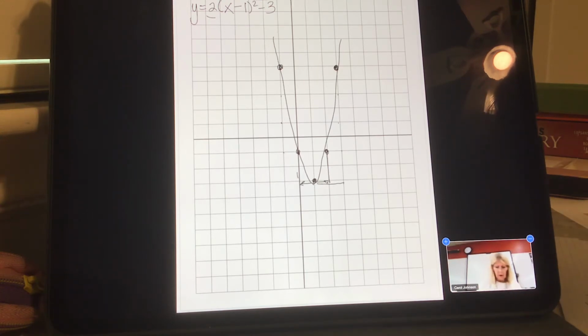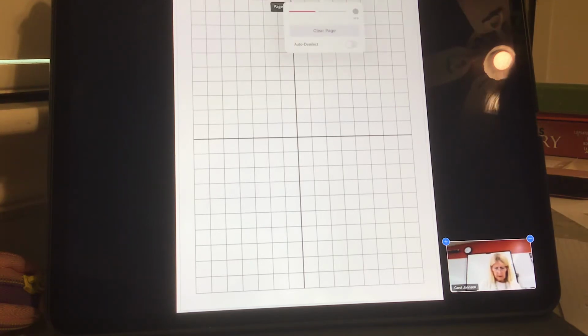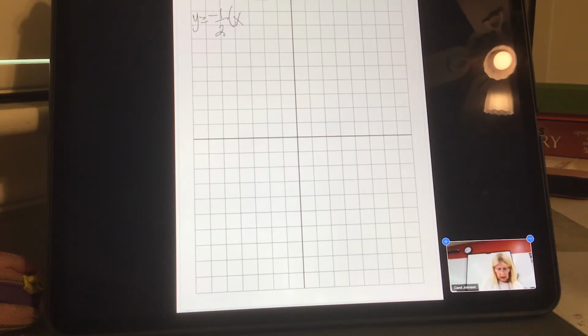All right, let me do one more. And then I'm going to go back and show you how to do that other process. So let's go nasty. y equals negative 1/2 (x minus 2) squared plus 3. All right, now first we're going to find the vertex.